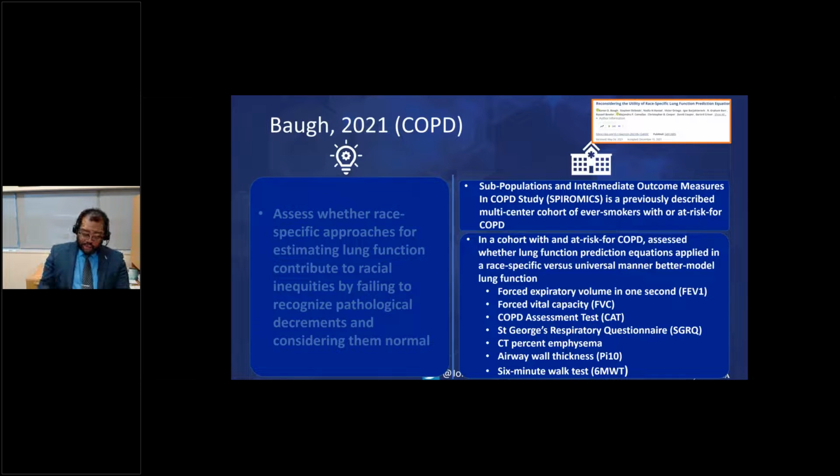And they, again, wanted to understand and utilize the race-specific approach as utilized by the Hankinson non-Hispanic white equation to estimate lung function. And they wanted to compare that to a more general formula that did not include race. And they actually compared those formulas to observed measurements of lung function.